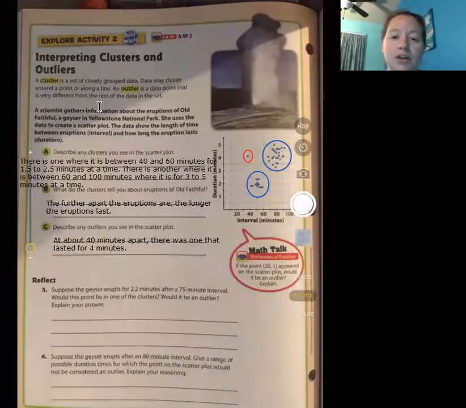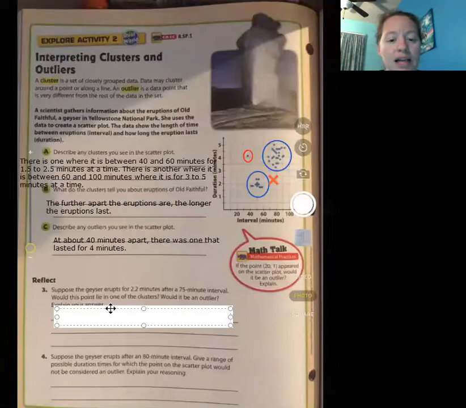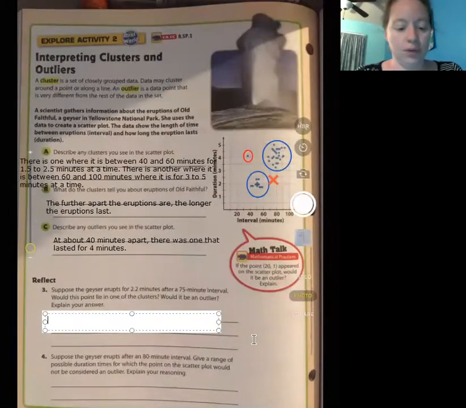All right, so let's go ahead and graph it. So at 75, which would be about right there, it lasts for 2.2, a little more than 2 minutes. So it's about right there. Is that in either one of the clusters? Would it lie in one of the clusters?